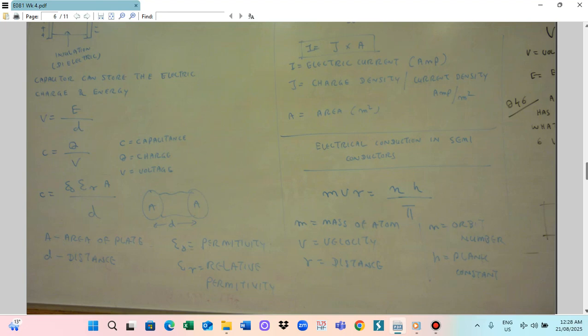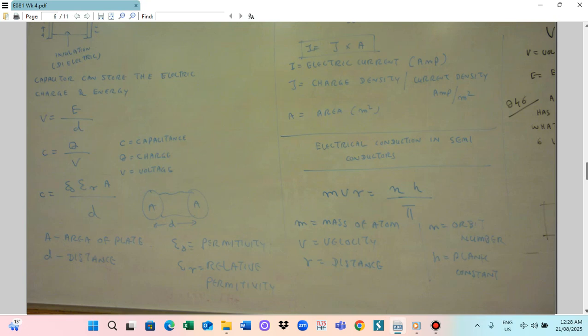The capacitor value can be calculated by the formula: charge divided by voltage. The capacitor's function is the ability to retain and store electric energy. In the meantime, electrical current is flowing. In this case, the current density multiplied by area is the electrical current. So we have talked about the static field.